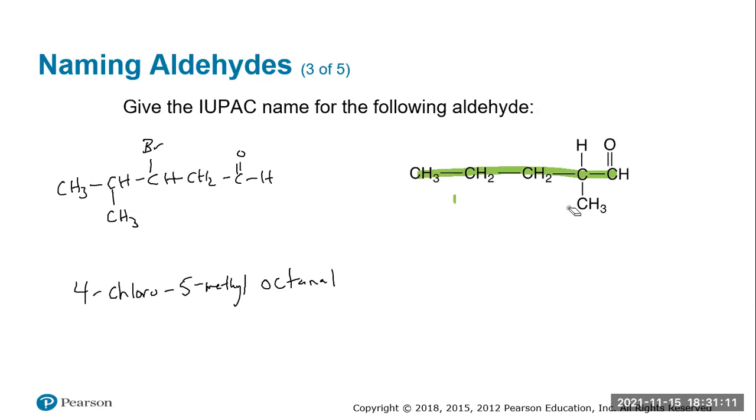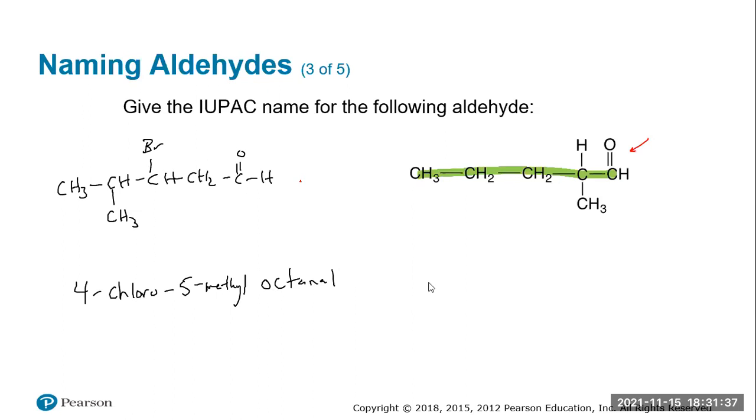The answer would be no, because you would be excluding the aldehyde group. It would not be okay to go this way and then down, because that leaves out the aldehyde group that's over here. So remember that your longest carbon chain should contain the actual functional group as part of it. So we got 5, it looks like, straight across.